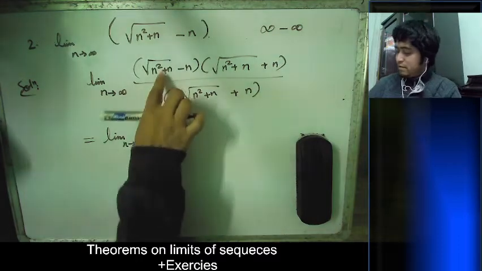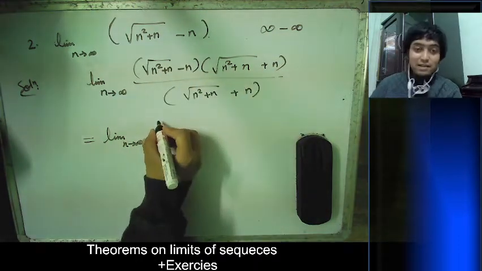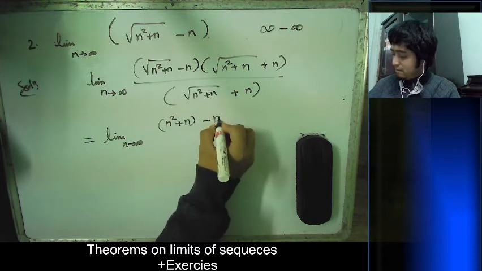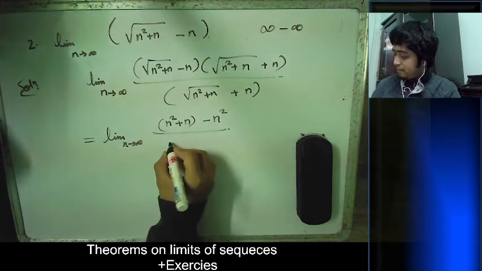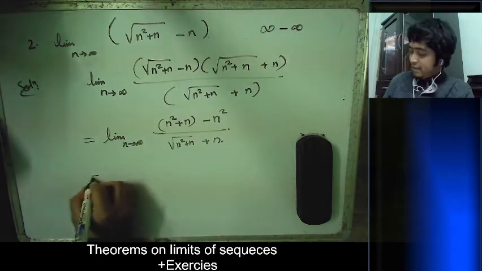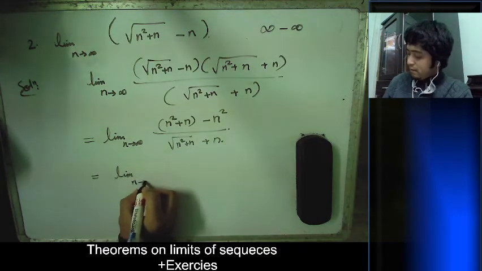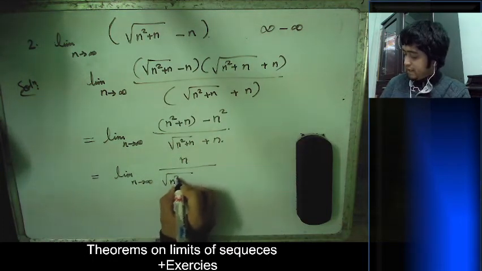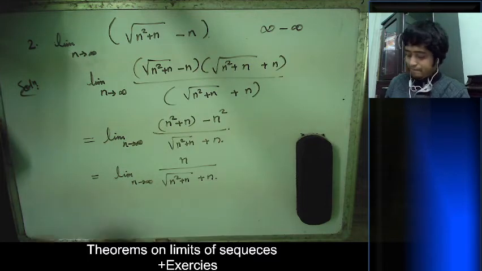Next, we will use a minus b, a plus b in the numerator. You'll be getting n square plus n minus n square. So you'll be having this. And over here you'll be getting root of n square plus n, plus n.